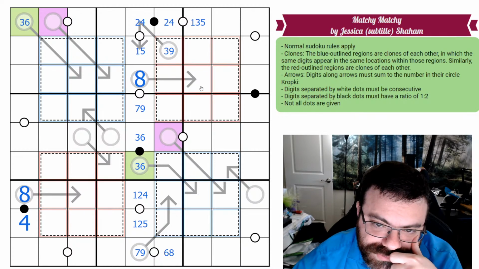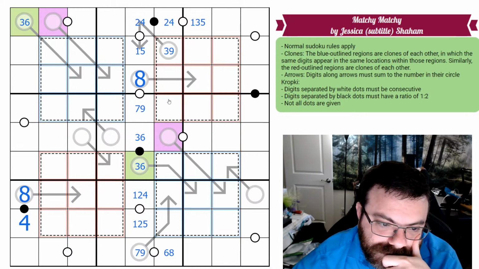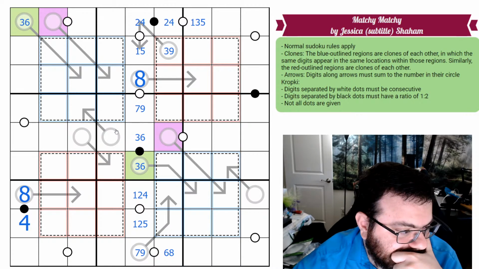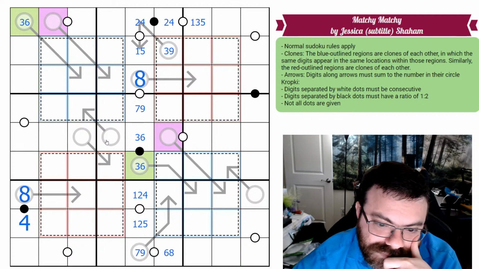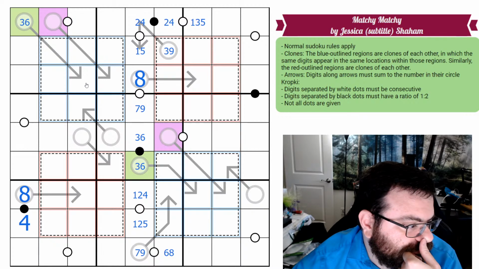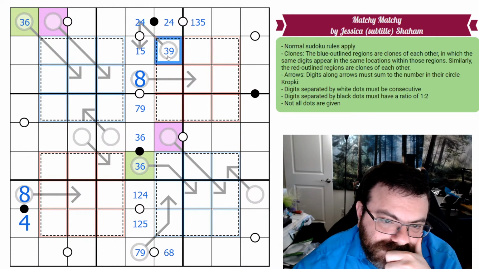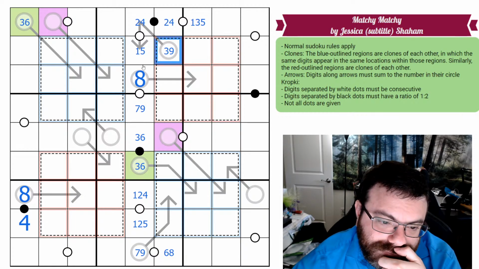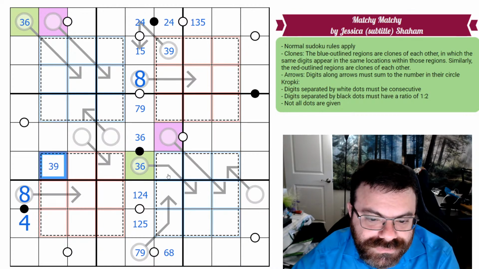This 8 is cloned here. Right, we can put a 3-9 here.